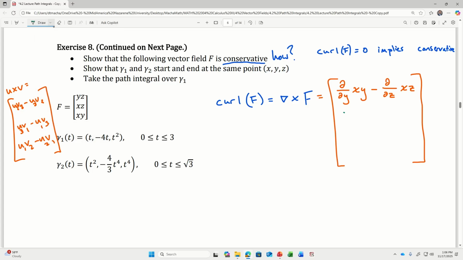Then my next entry is going to be the partial with respect to z of yz minus the partial with respect to x of xy. And then the last one's going to be the partial with respect to x of xz minus the partial with respect to y of yz.